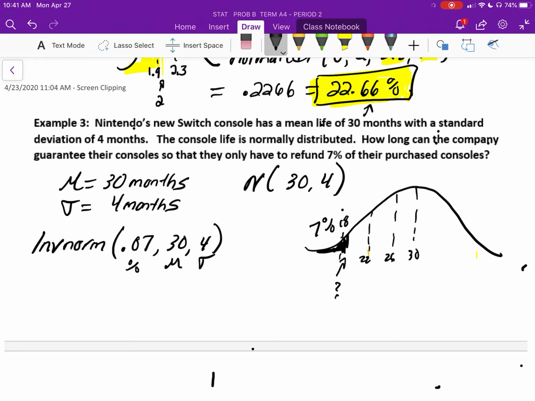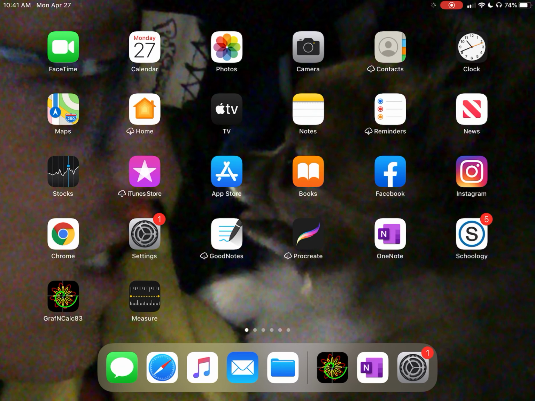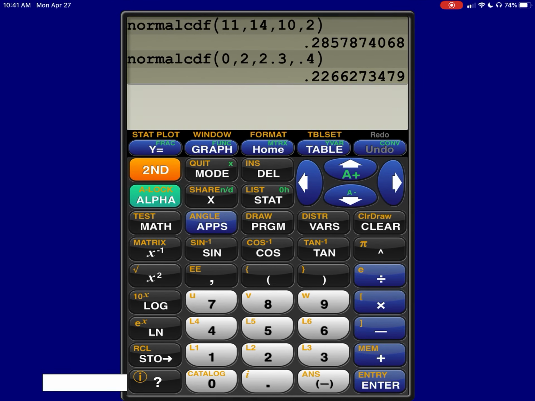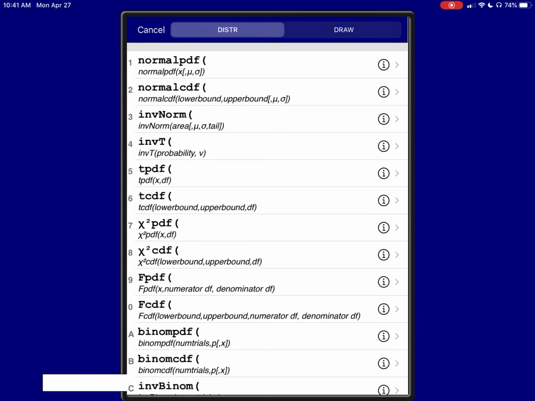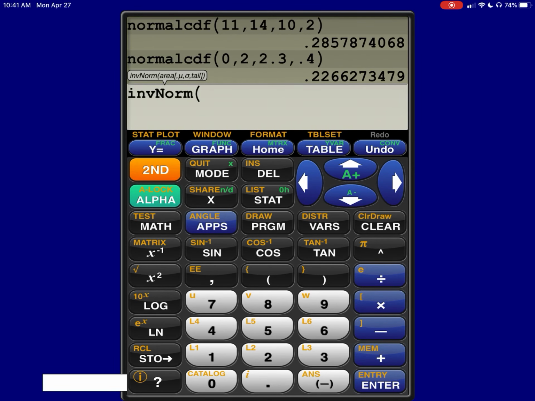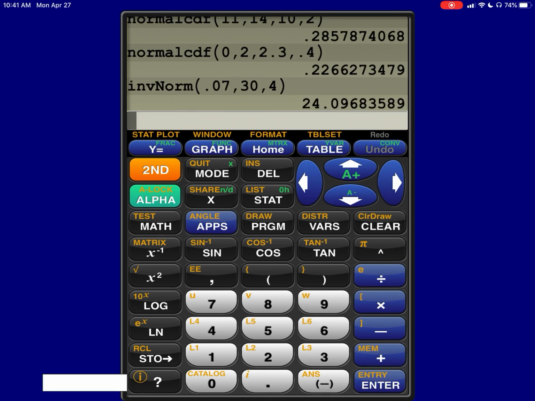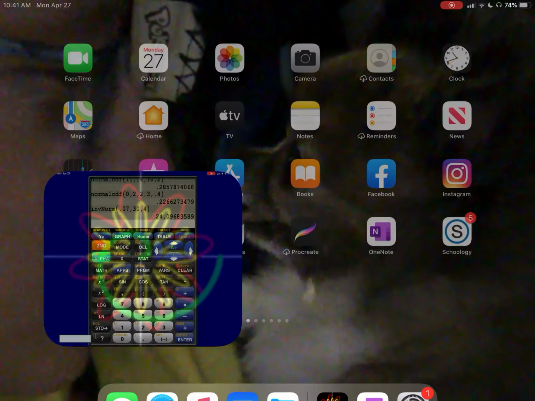And on the calculator, it's right where we found the other thing, second vars, but we do number 3. And again, we only want 7% chance that they have to replace the console. And the average life is 30 months, and the standard deviation is 4 months. So the amount of months they'd have to guarantee it for would be 24 months.